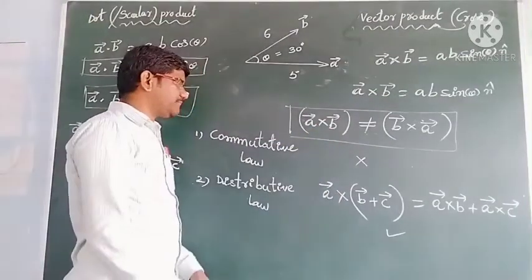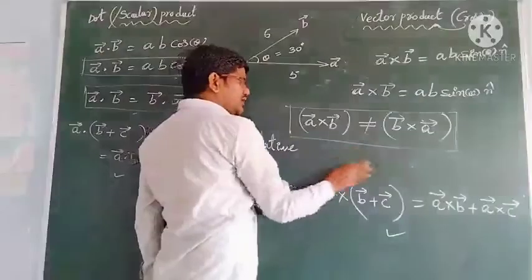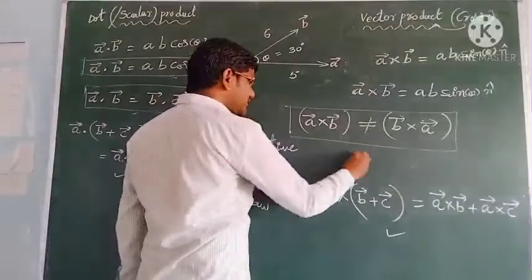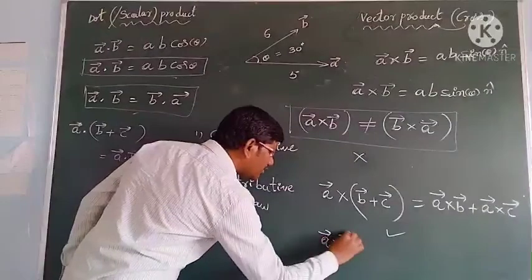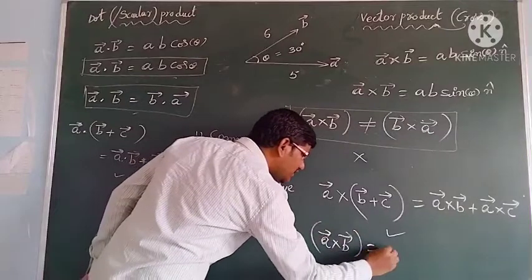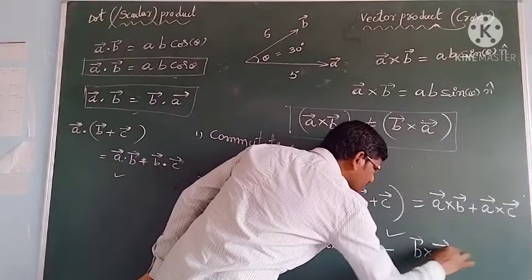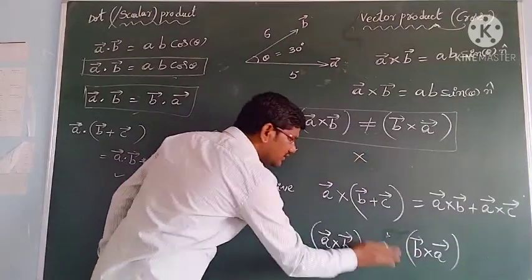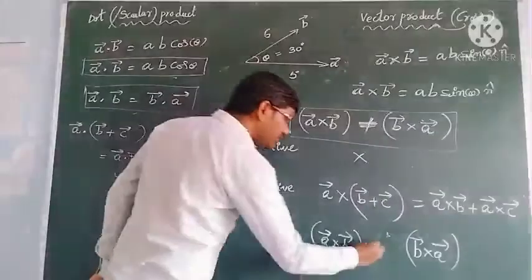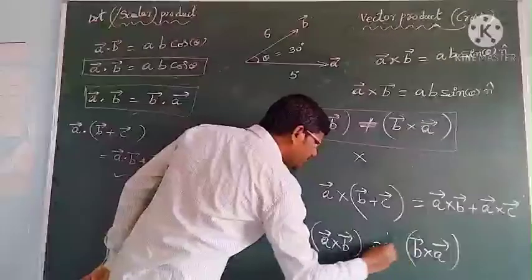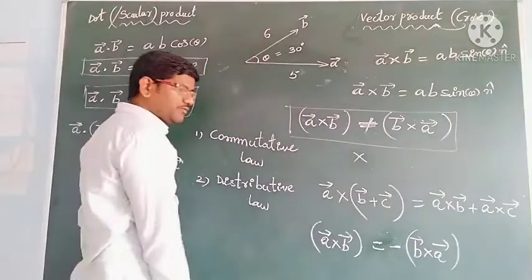A bar cross B bar is not equal to B bar cross A bar. It will be equal if you put a minus sign there.